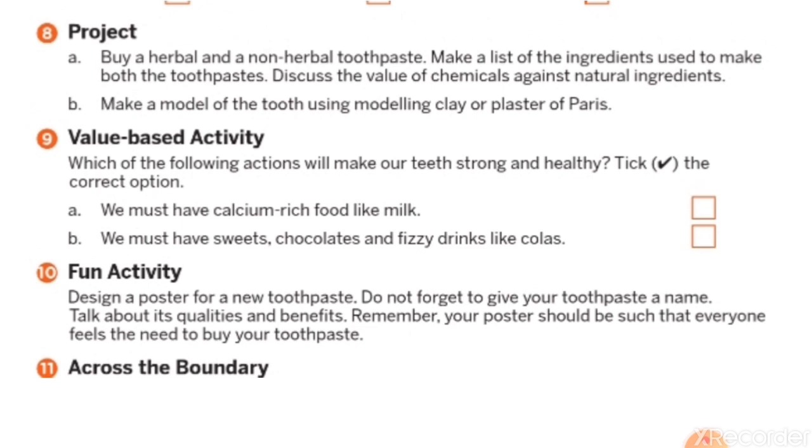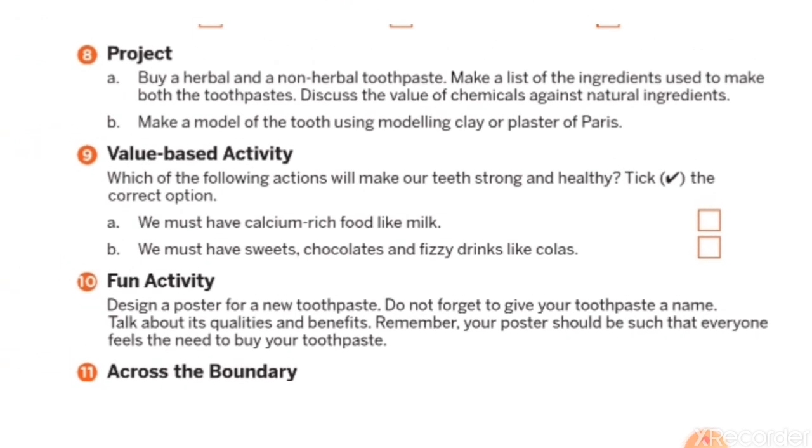After hearing the videos, the explanation part, you must have understood what qualities should be there in the toothpaste, what are the things which are good for your teeth. So you can include those qualities in your poster, when you explain why the toothpaste is good. So qualities and benefits, you have to talk about it, or you can write it down also. Remember, your poster should be such that everyone feels the need to buy your toothpaste. So it is a creative work. You can do it in your free time.